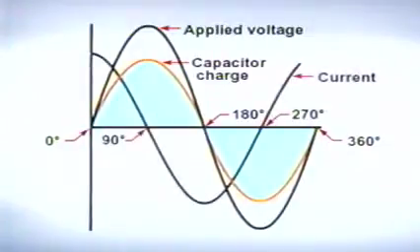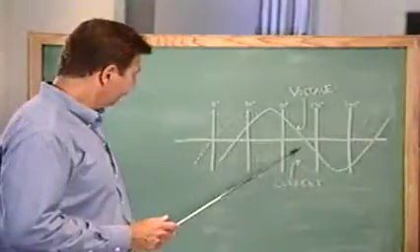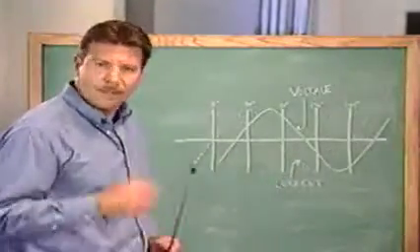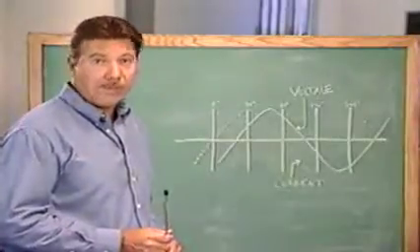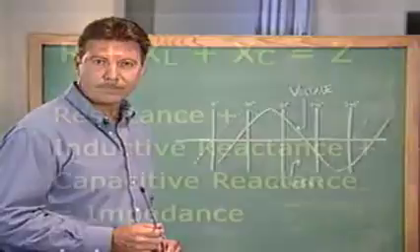When the supply voltage and the capacitor charge reach zero, there is no opposition to current flow, and the current is therefore at its maximum. This causes the current to lead the voltage. This interaction between current flow and applied voltage is called capacitive reactance.